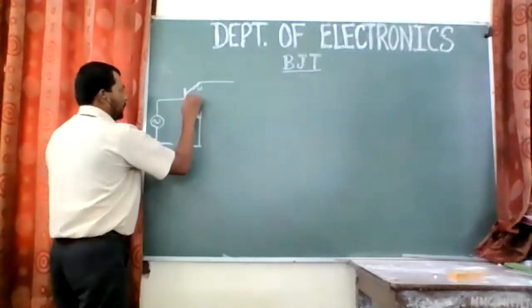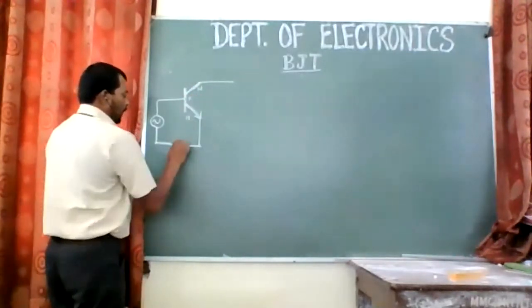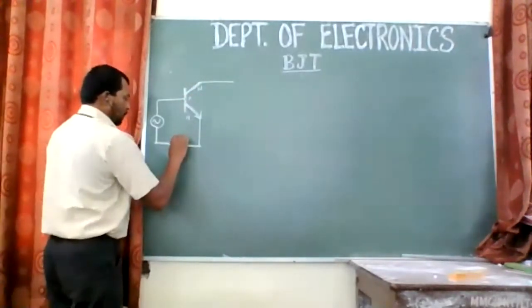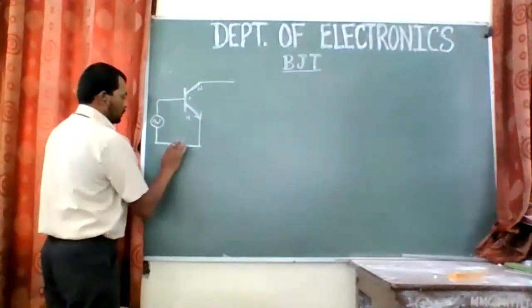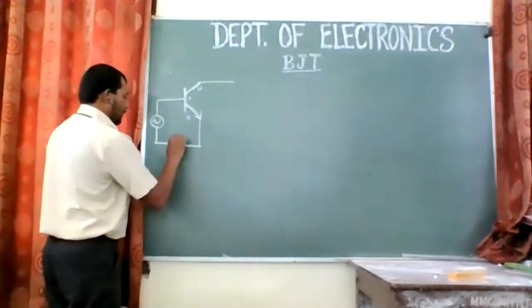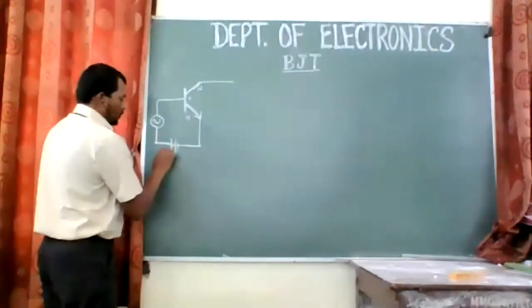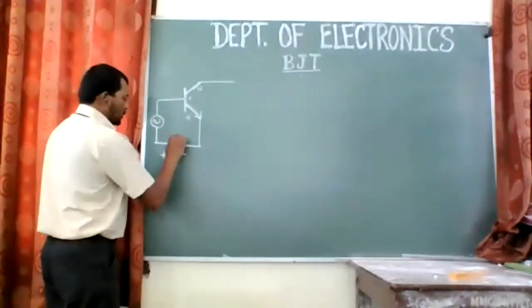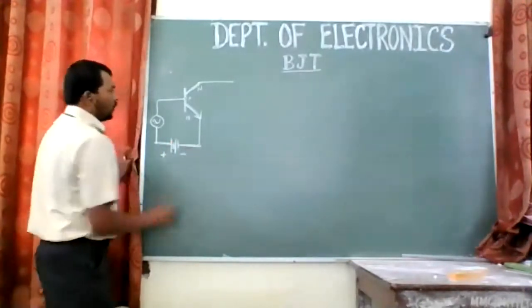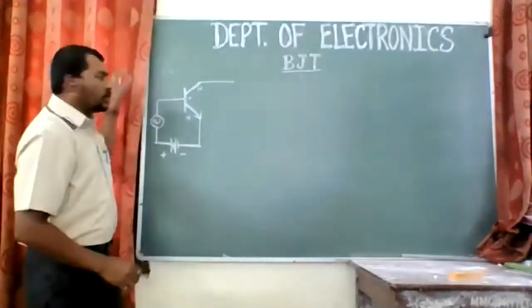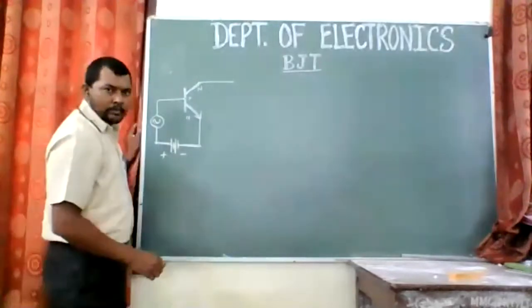This is an NPN transistor. I'm writing this here so that we know what type of polarity we are having. So this is positive, negative, and again positive. This is the biasing that we give to the base emitter junction to make it forward bias.